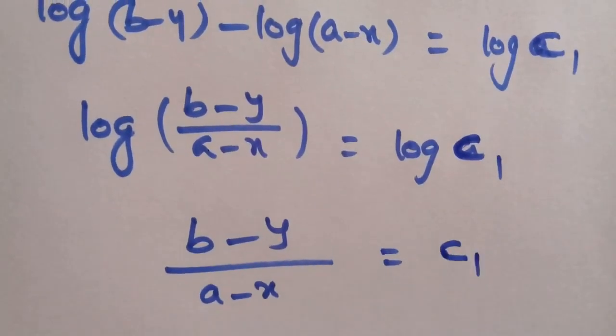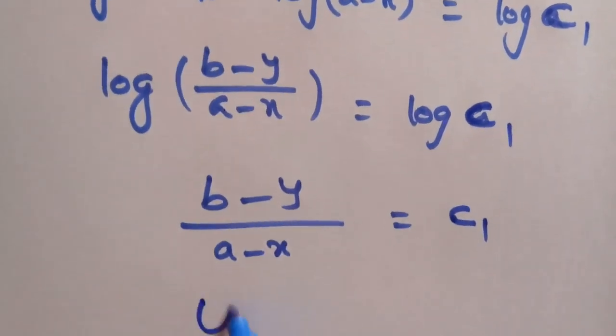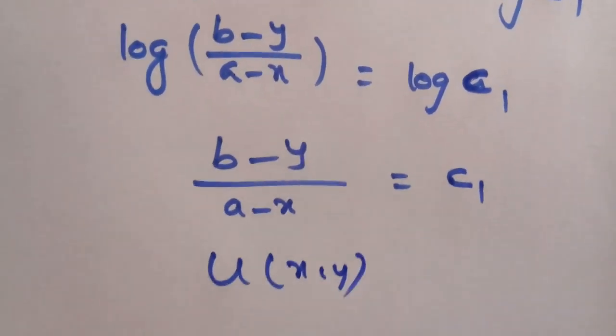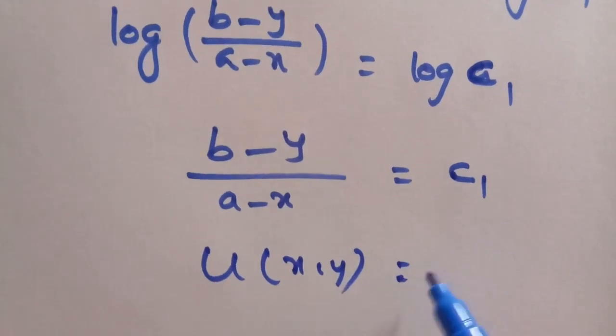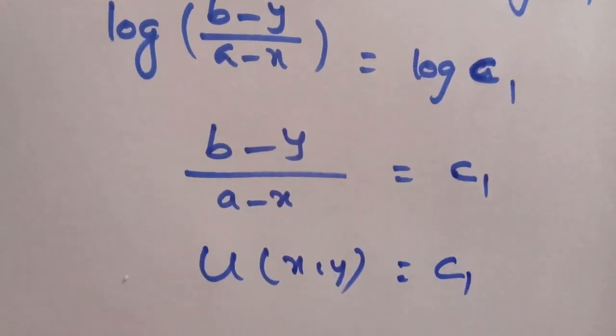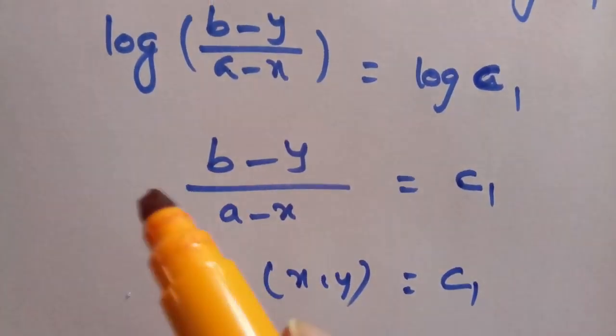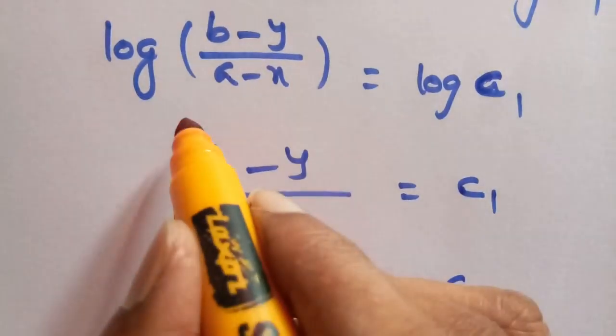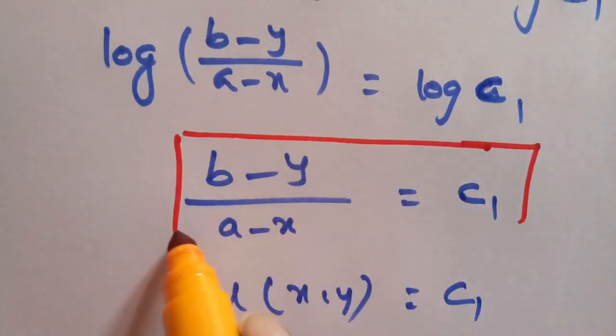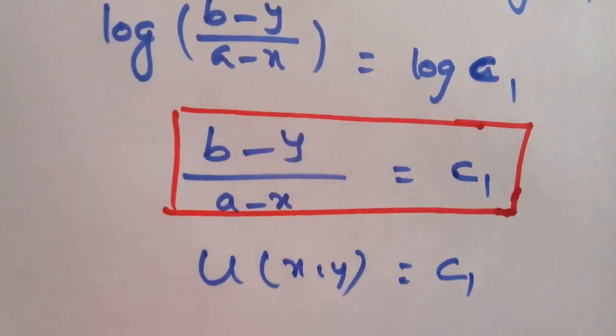Therefore c1. Therefore u of x comma y is equal to c1.